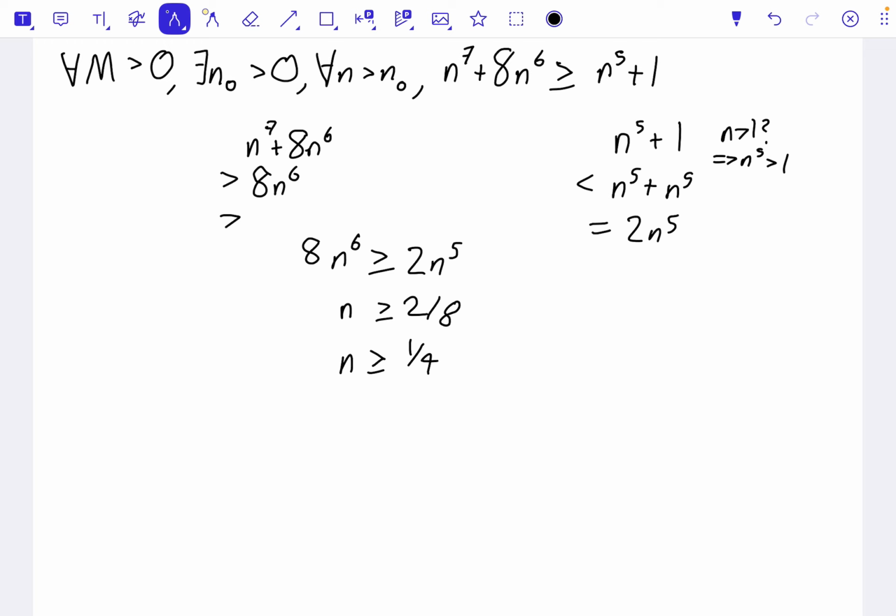We know that n to the 6 is always positive, so multiplying it by 8 is going to make it bigger. Not multiplying by 8 is going to make it smaller. Ta-da! All of the values of n that I found are valid.